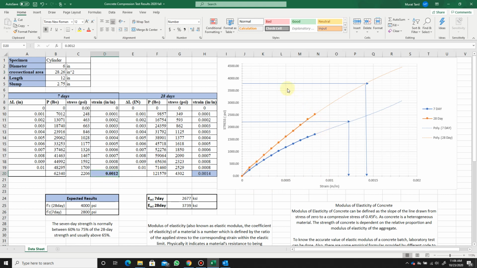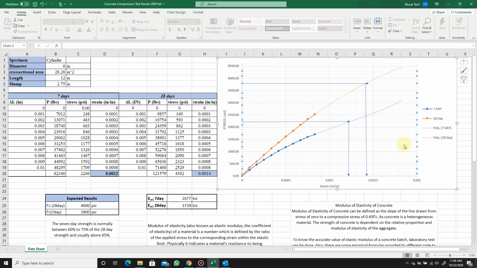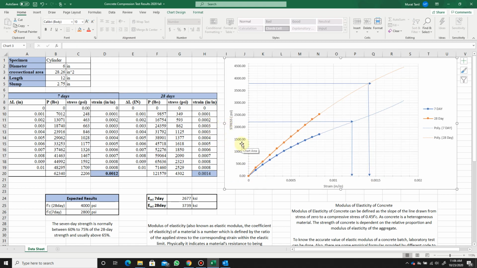I did the same thing for the 28-day strength. It was 4302 psi, and if I draw a straight line and look at the corresponding strain, it is 0.014. This is how I determined the maximum compressive strain.